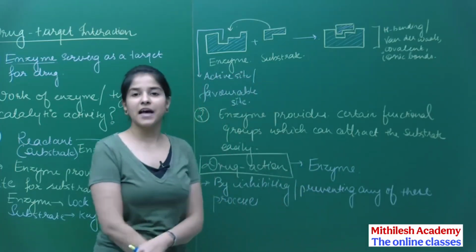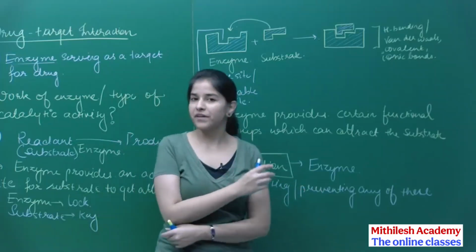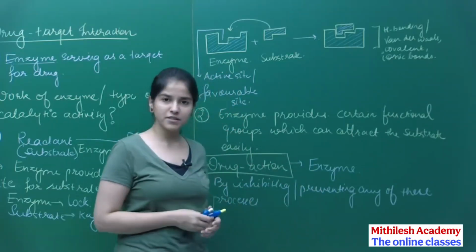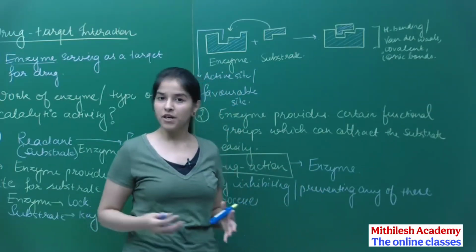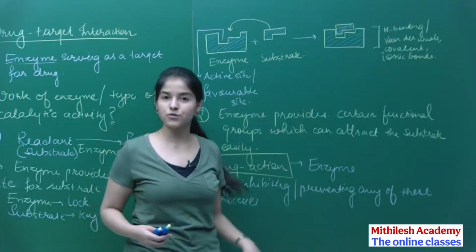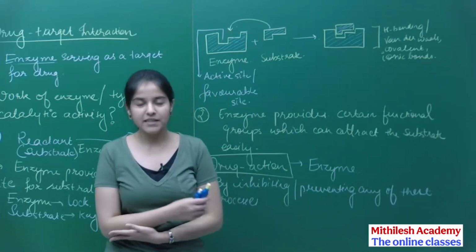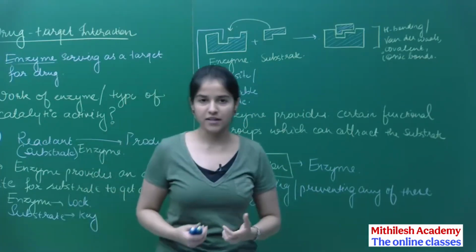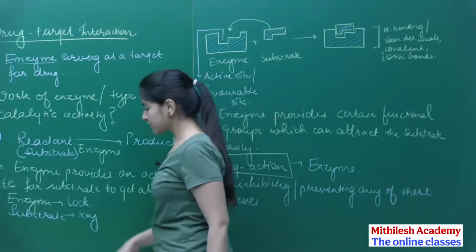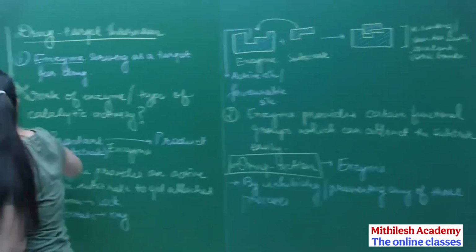So how does this inhibit or prevent these processes? There must be some way to stop these processes which are going on. So what is the first thing that the drug does? Let's discuss the first thing which the drug will do.